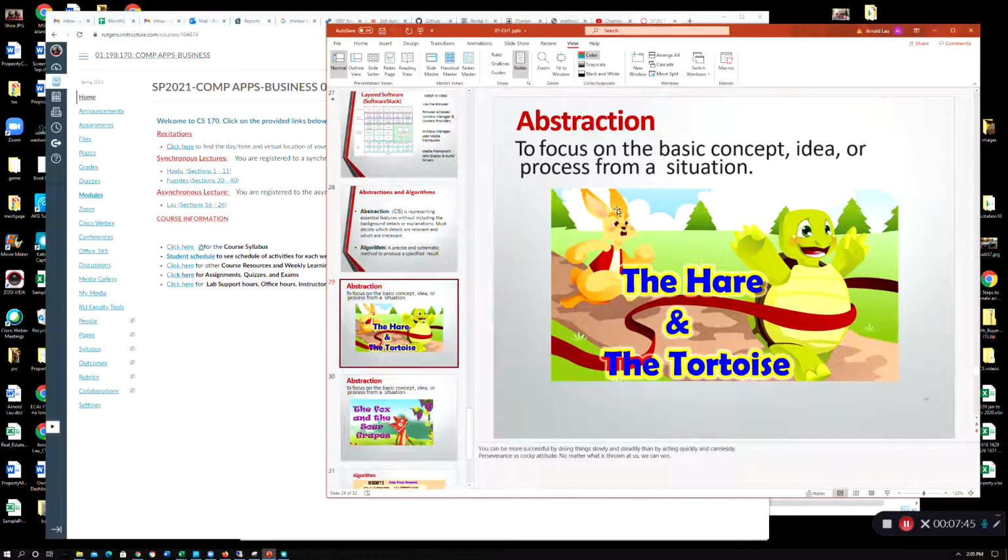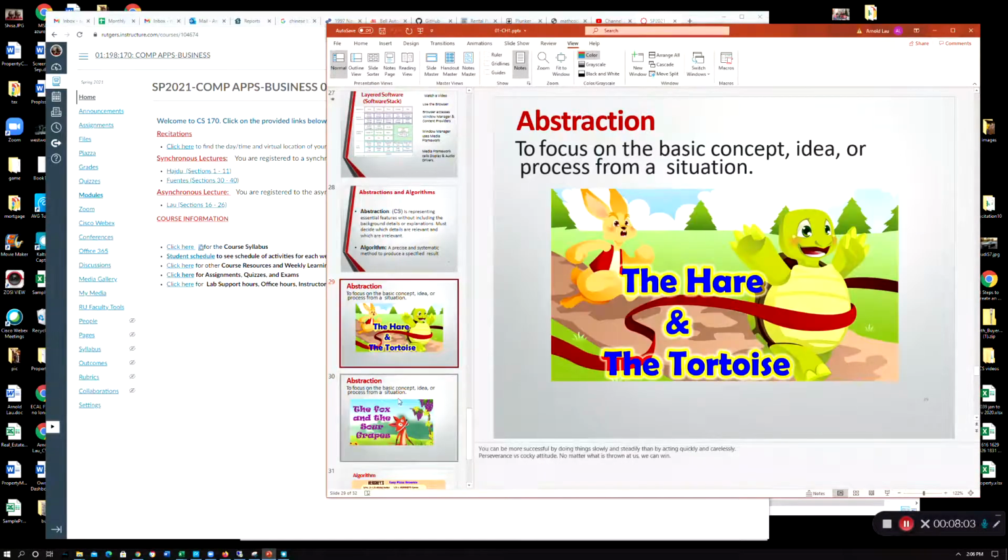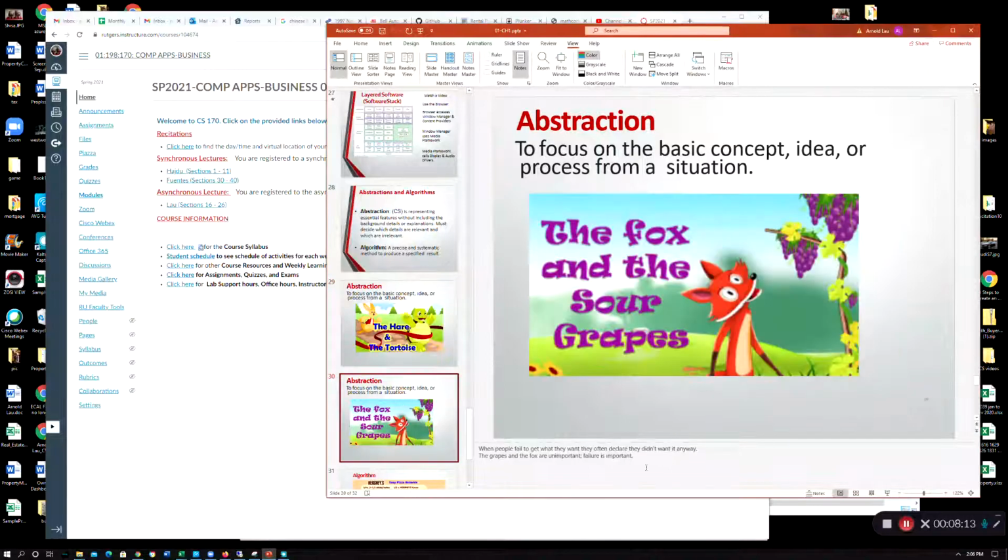It talks about basically an idea, and then they put something else on top of it. In this case, they're talking about a story or something. I like to draw an analogy to maybe something else. Let me just pause here for a second so you can see this, and you can see what it's trying to abstract. Same thing here.